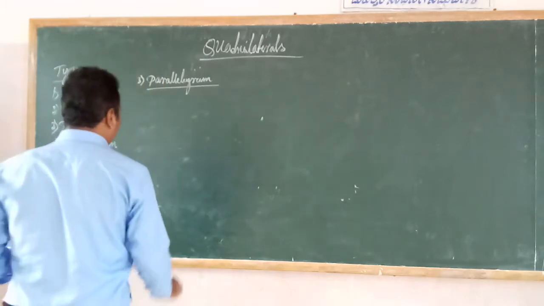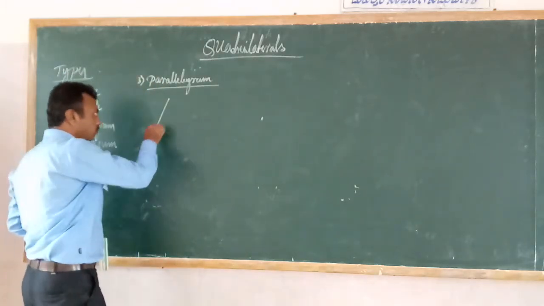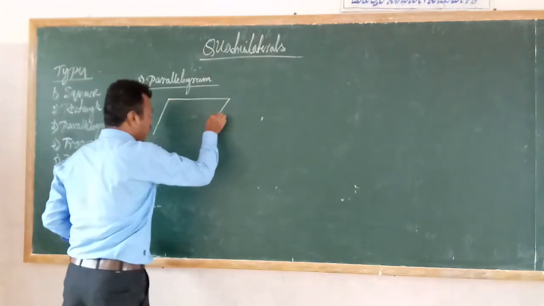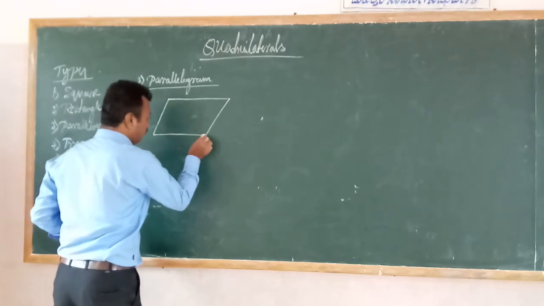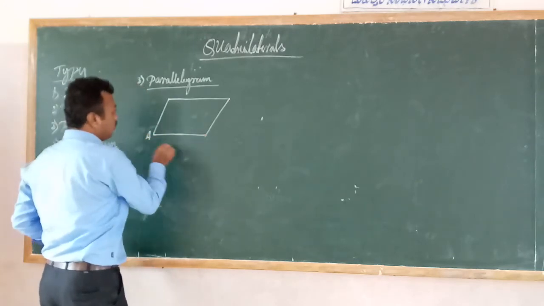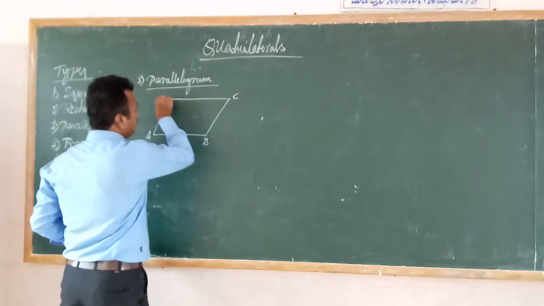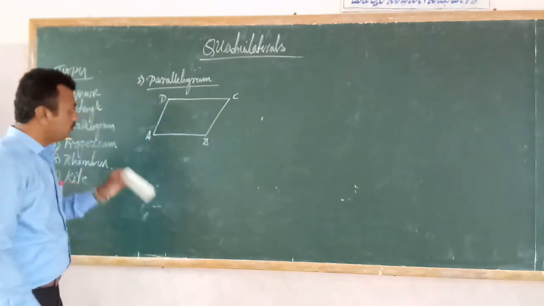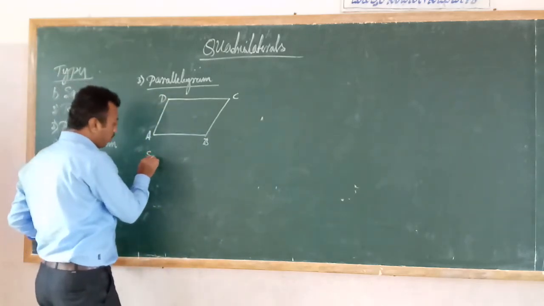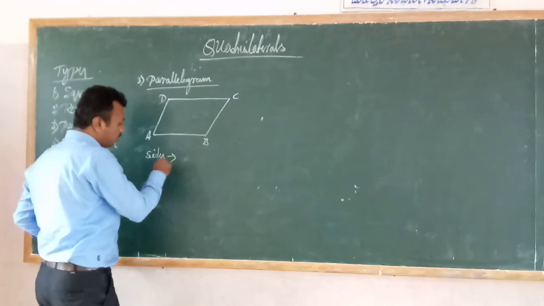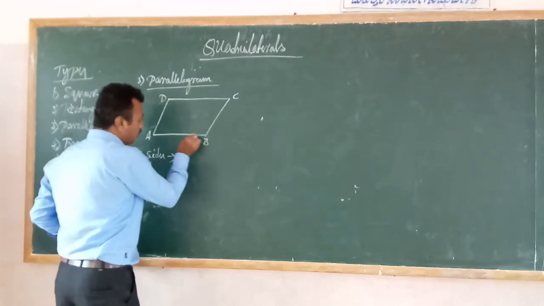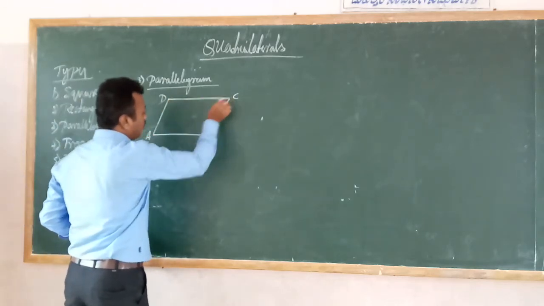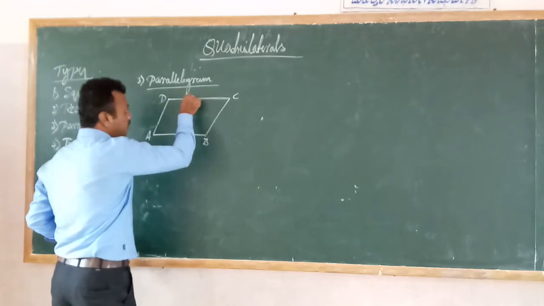See, students, parallelogram ABCD. In that, what are the properties of a parallelogram? So I will come to the sides. Here, the opposite sides are AB and CD.